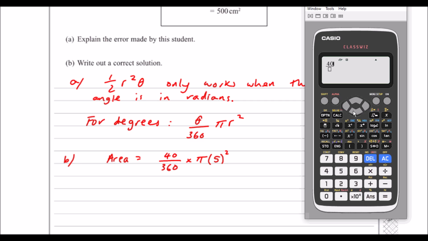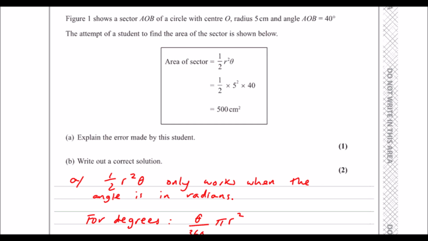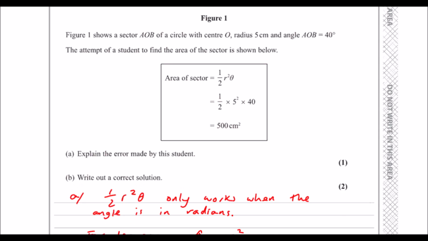So 40 over 360 times pi times the radius squared. And we've got 25 over 9 pi. 25 over 9 pi. And the units are centimeters squared.